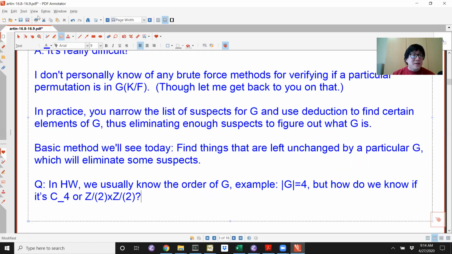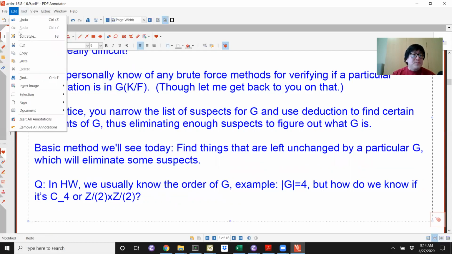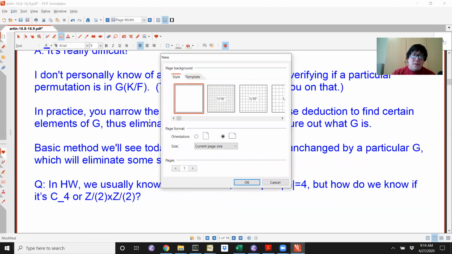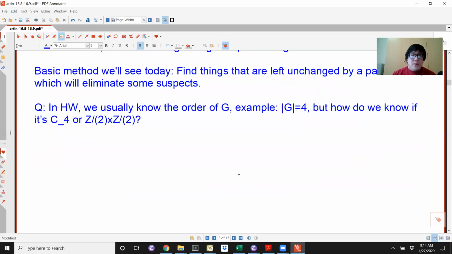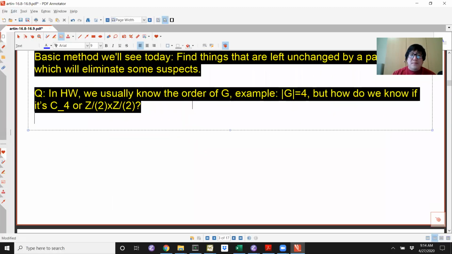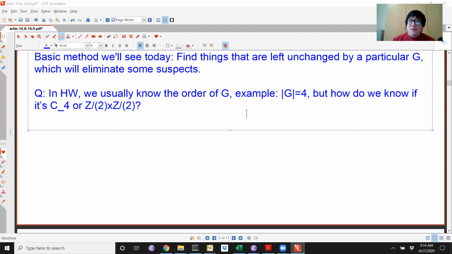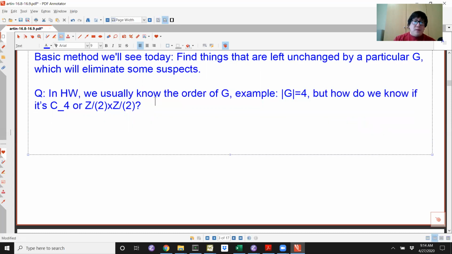I cannot resist, so I'll add another page here. How do we know the order of G? For example, if we know that the order of G is 4, how do we know if it's C4 or Z2 cross Z2? Here's a partial answer.